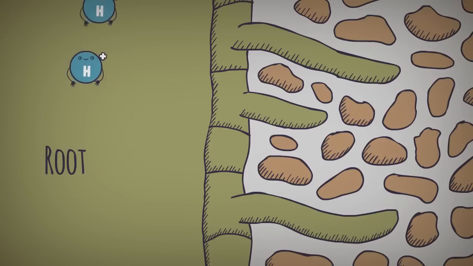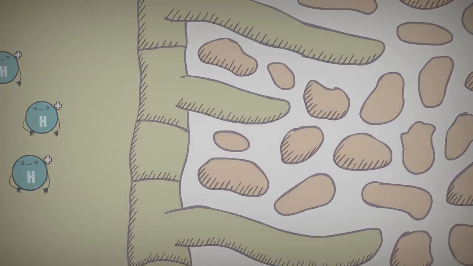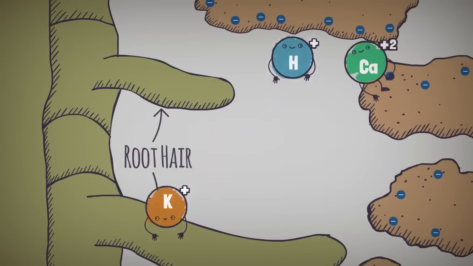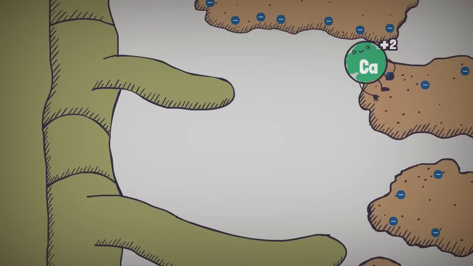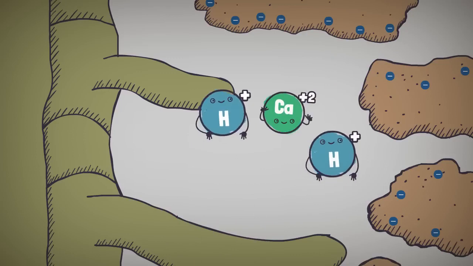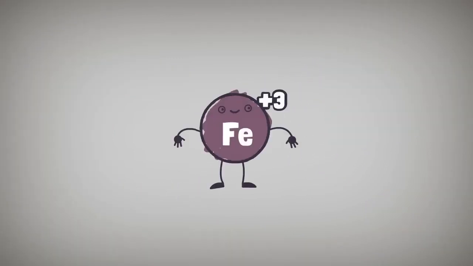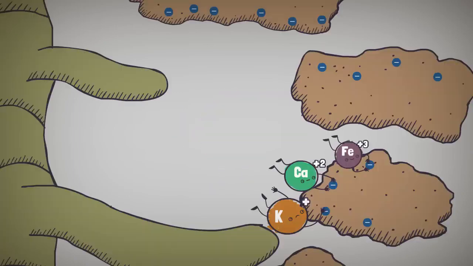Luckily, plants produce hydrogen cations that they can exchange. One hydrogen cation for one potassium cation. Easy enough. But for nutrients with a positive charge of 2, like calcium, 2 hydrogen cations are needed. The higher the positive charge, the harder it gets to exchange or trade cations.